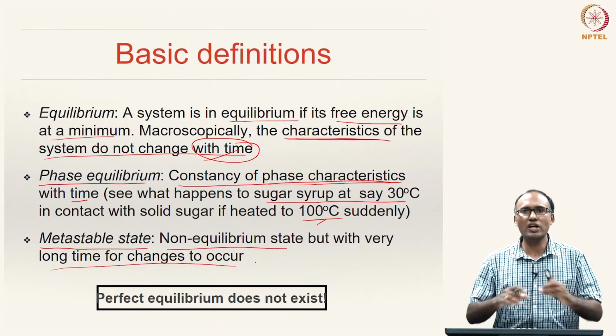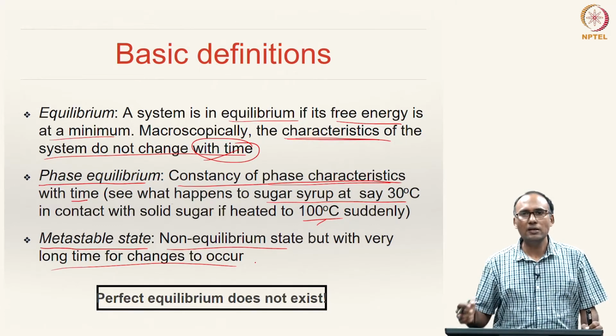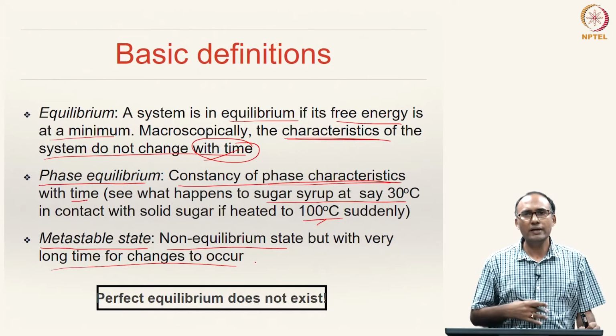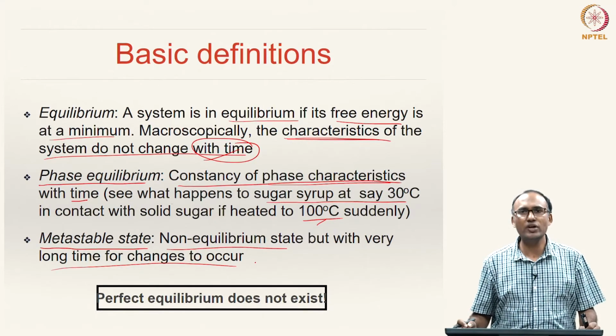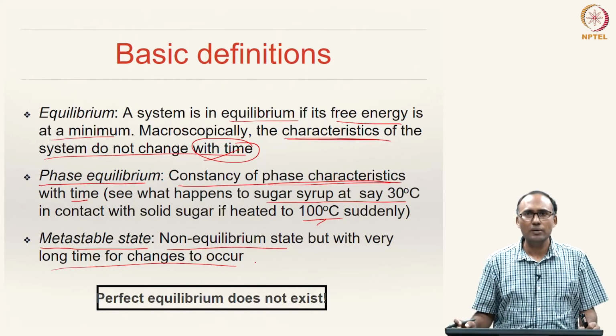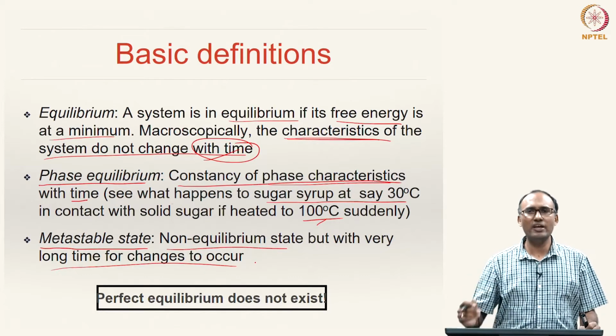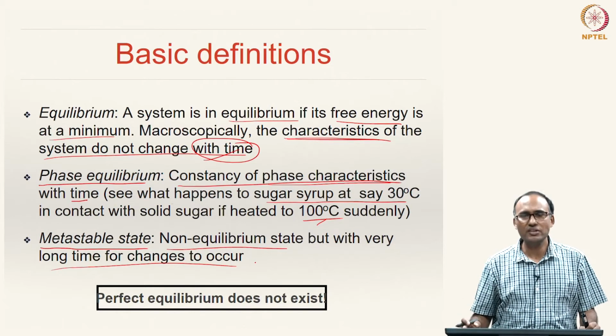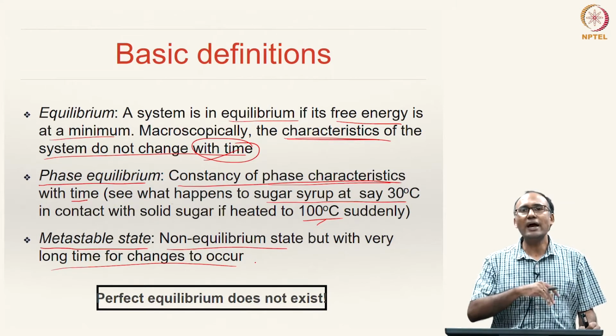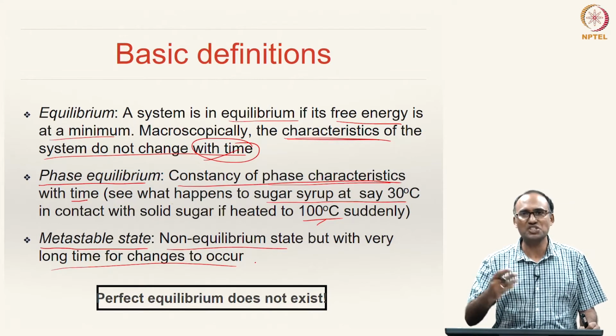For instance, if you take an iron rod and leave it in open atmosphere, maybe in 1 or 2 days, if you come back and see, you may not observe a significant change. But if you come back and see maybe a month after or a year after, then you will see that the iron is actually getting rusted.